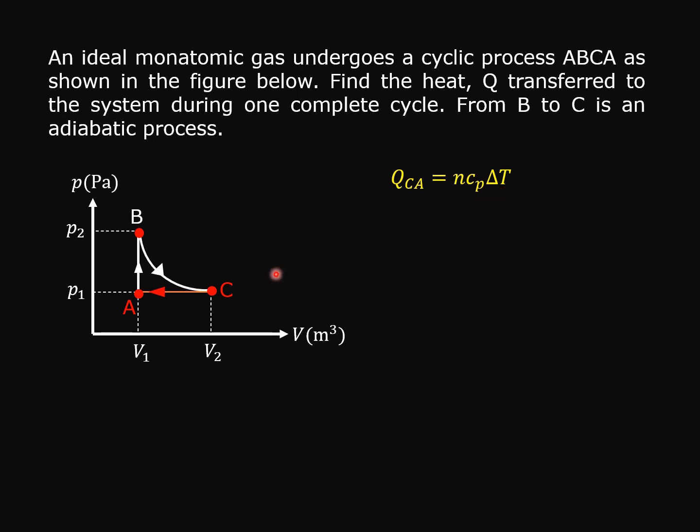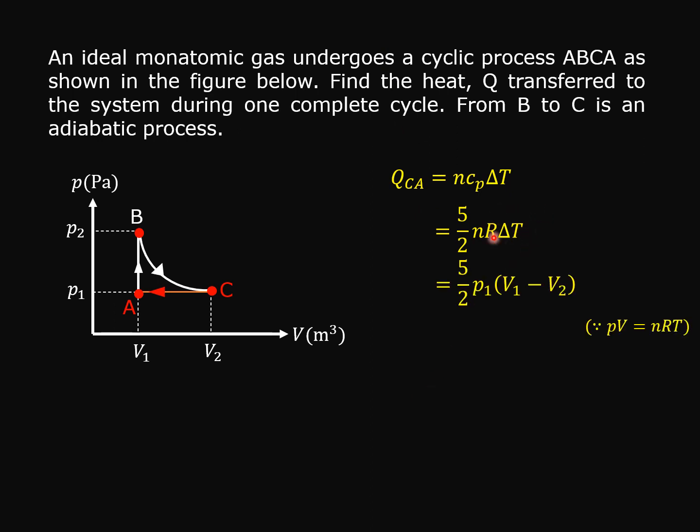From C to A, the temperature is dropping, so this is isobaric cooling. The C_P value for the monoatomic gas is 5/2 R. So now we have Q_CA equal to 5/2 nR delta T.